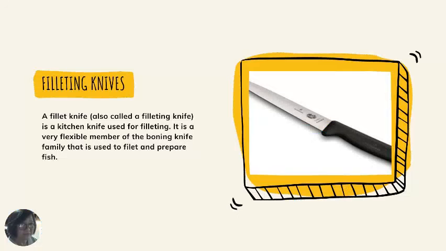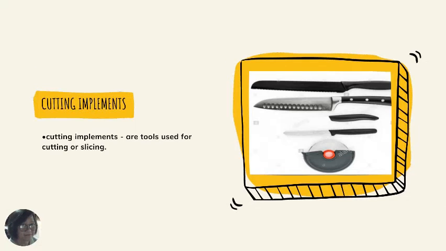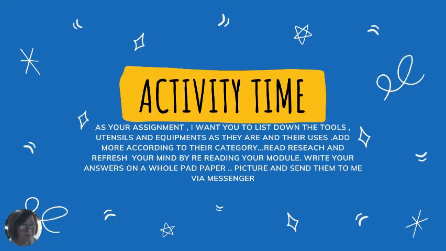Okay, do you have some questions? Okay, so no more questions? Okay, for your activity. To be recorded as your assignment, I want you to list down the tools, utensils, and equipments and their uses.